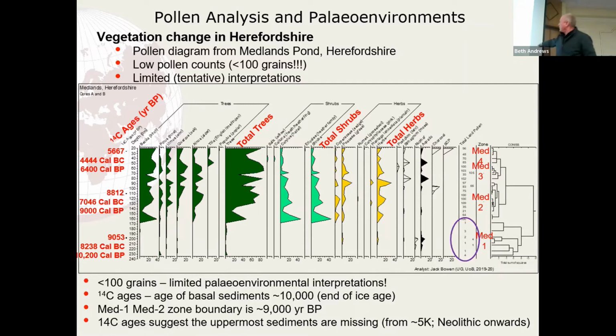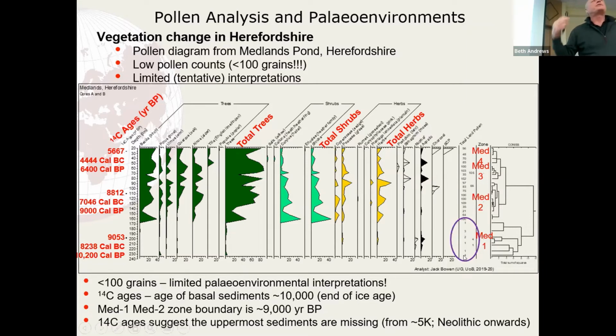Now, the undergraduate Jack Bowen, this is part of his undergraduate dissertation at Birmingham. He did a good job, despite limitations of the coring. If you look at the total land pollen, it's around about 100. So you get to here, and it's 1 or 2 or 3 pollen grains. Now, this was professionally counted.